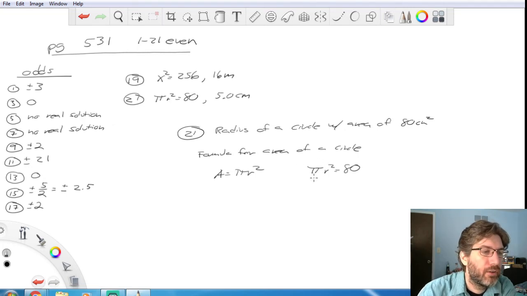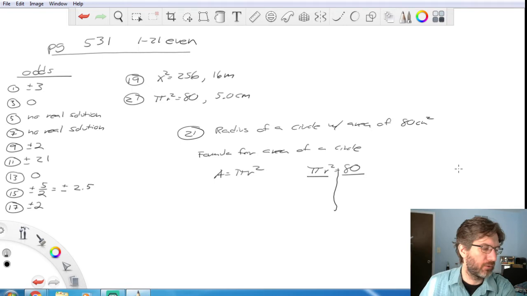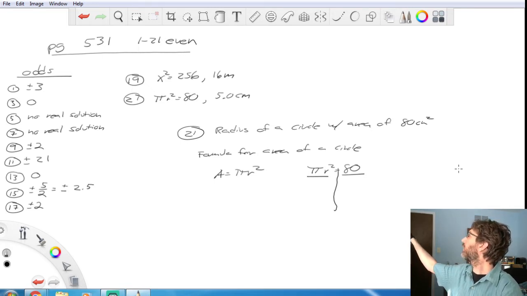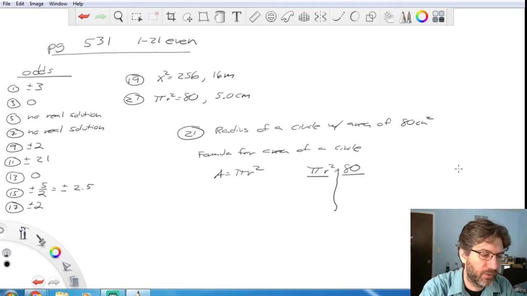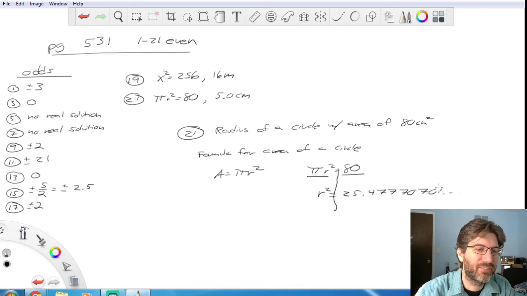So you're going to divide each side by pi to get r by itself. I'm going to use a calculator. I'm not sure if it's using actual pi or if it's using 3.14 or what it's doing on there to get the 5, but I'm pretty sure that's rounded. 80 divided by 3.14 is going to give you r squared equals 25.47770701, and it's irrational.